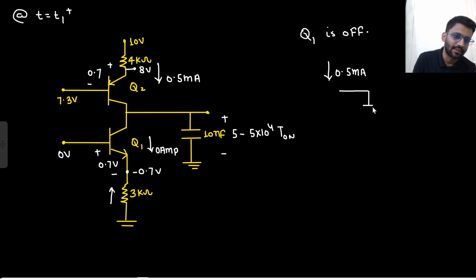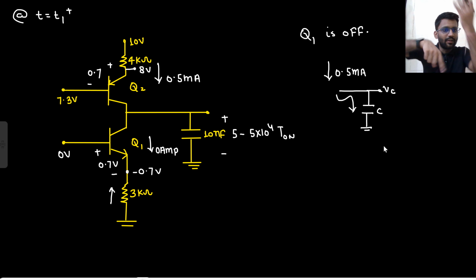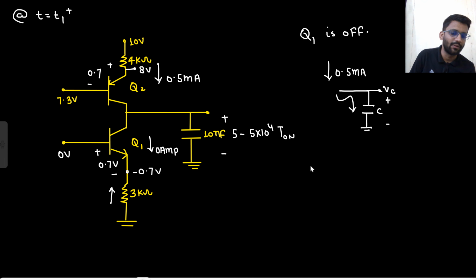This was your capacitor, which had some initial voltage. Now this 0.5 milliampere current is charging this capacitor, and this node is VC. So what is happening with the VC node now? VC is going up, because the more current will increase the voltage on whatever charge it had.